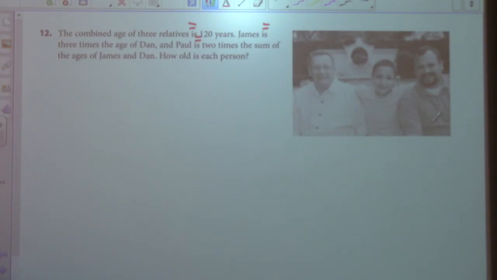I'm gonna choose somebody else here. Okay, Zach. So Zach, what do you have as a system of equations here? I thought it was Nate's turn. No, it's your turn. So what did you get, Zach?